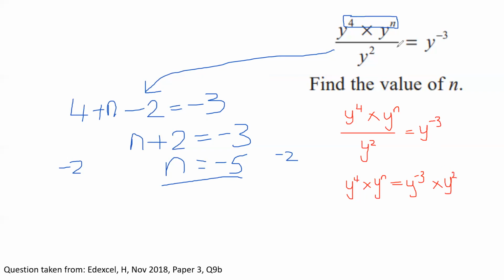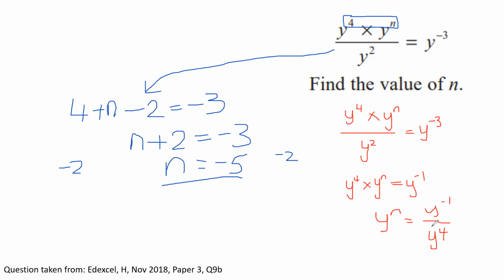Now again, using the rules of indices that we've looked at before, we can say that this is y to the power of minus 3 times y to the power of 2. We can add those two powers and end up with y to the power of minus 1. We've now got y to the power of 4 times y to the n equals y to the power of minus 1. So we can divide both sides by y to the 4. That gives y to the n equals y to the minus 1 over y to the power of 4.